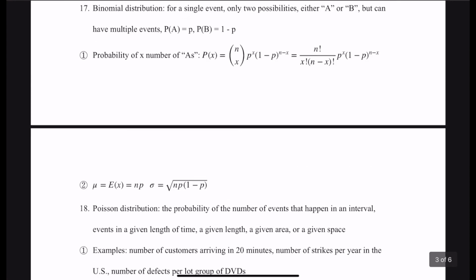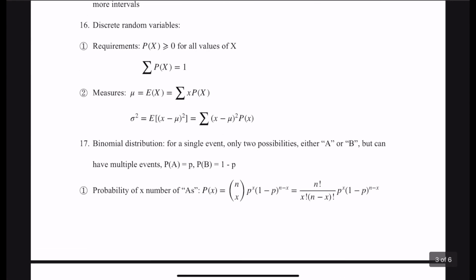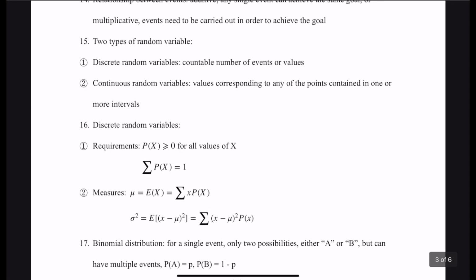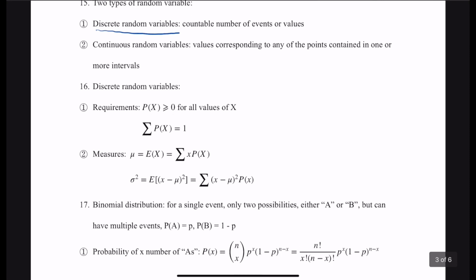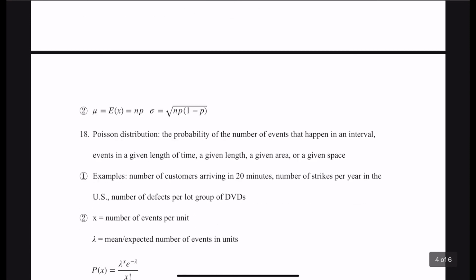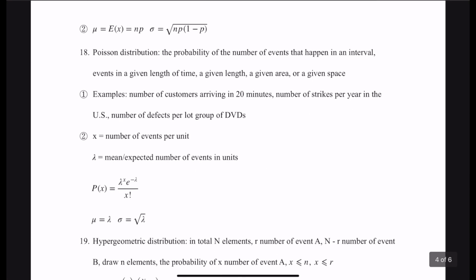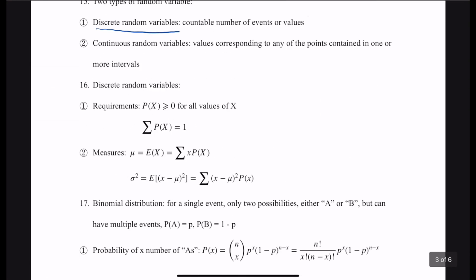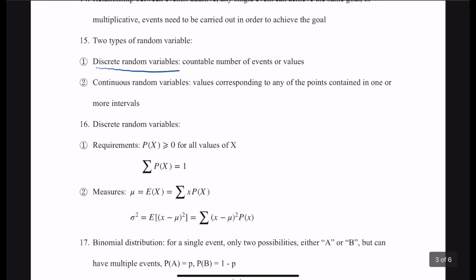And a little bit of review about this. We talked about 6 types of distribution. There are 3 types of discrete random variables. The first one is binomial. The second one is Poisson. The third one is hypergeometric. They are discrete random variables. They are a countable number of events. And the second type is continuous random variables.